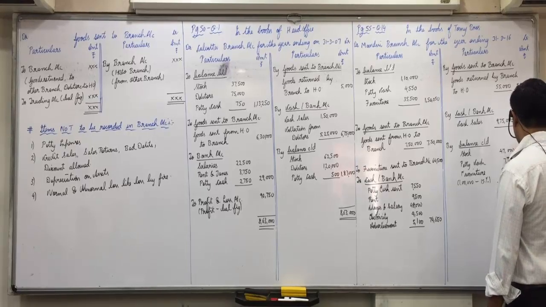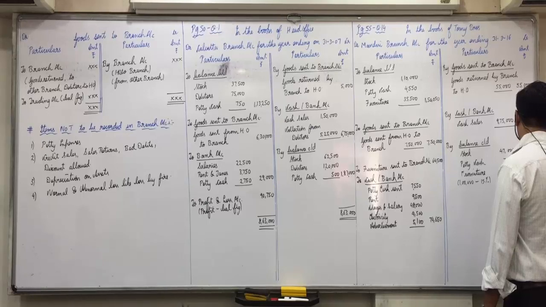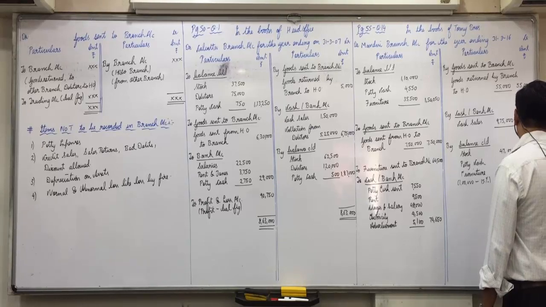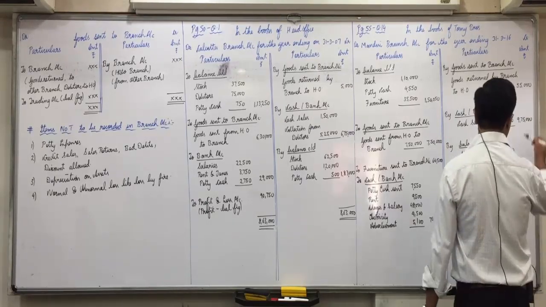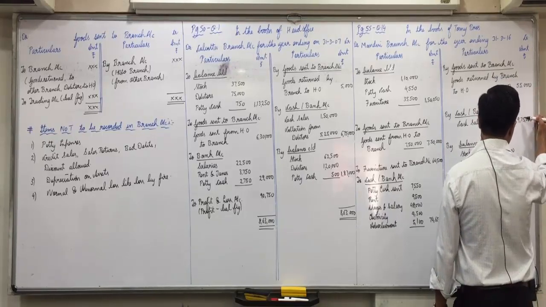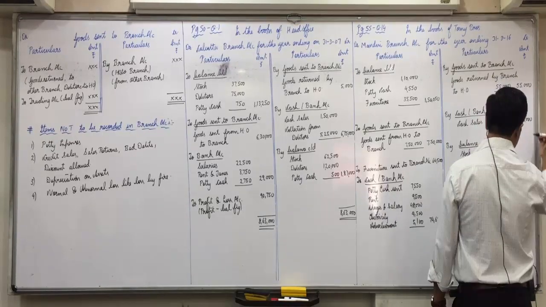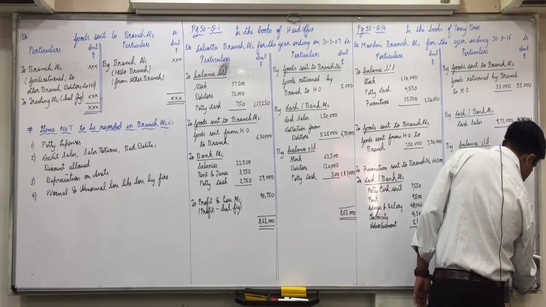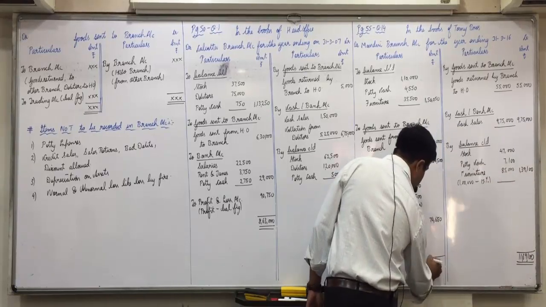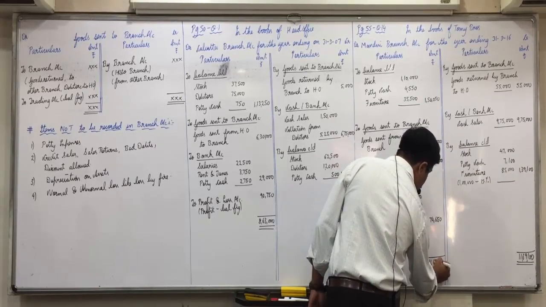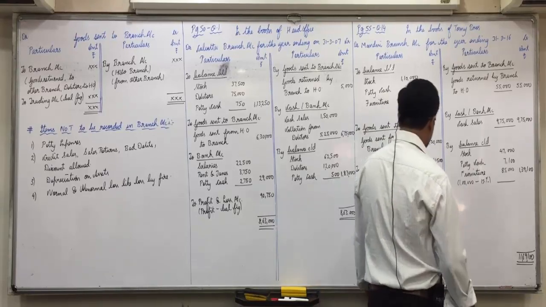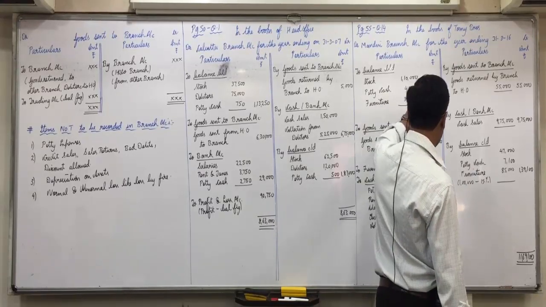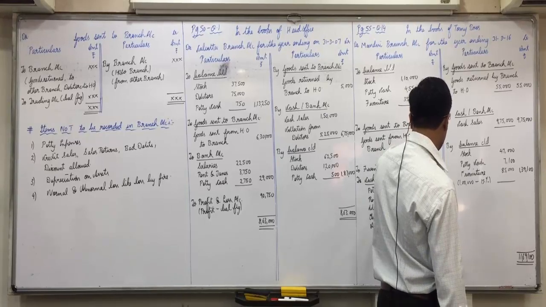Now generally credit is more. Minus 750.